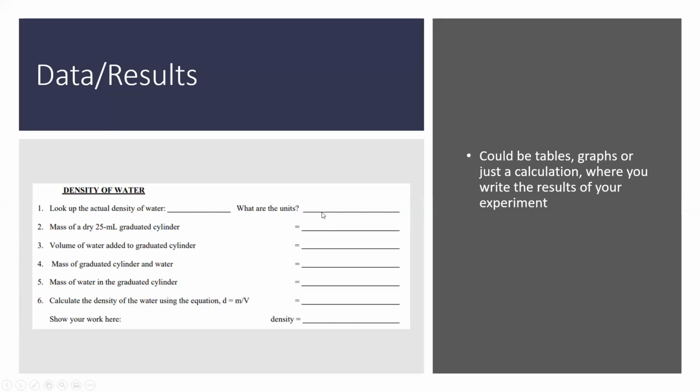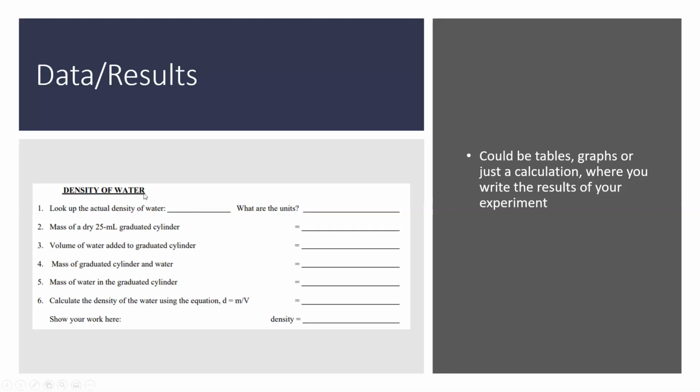It is very important that you express the units, not only a number. If you say that the density of water is 0.99, I say, what? You're talking about apples, bananas? No, you have to say, oh, the density of water is 0.99 grams per milliliter. Got it?